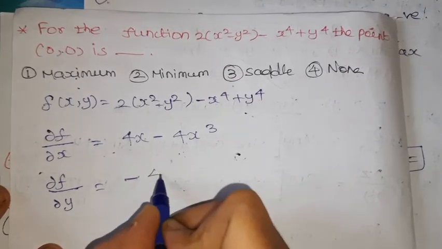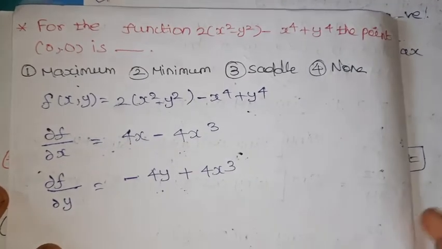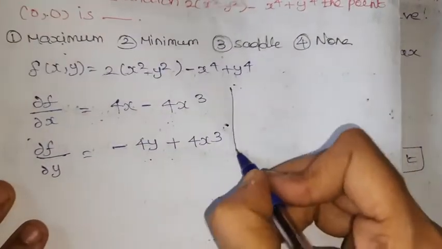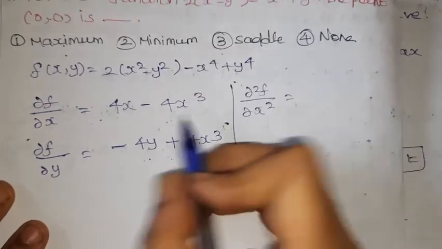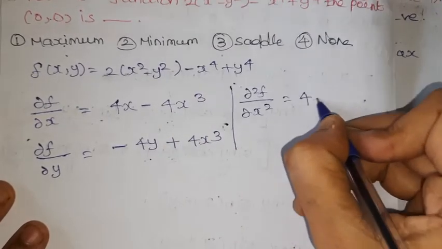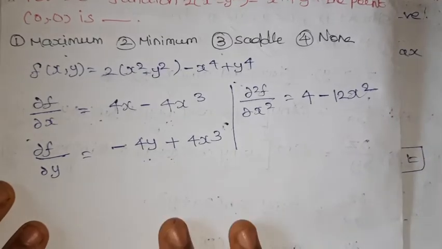So minus 4y plus 4y cube. Then we need to find out dou squared f by dou x squared. So 4 minus 12x squared. Then what can we get?